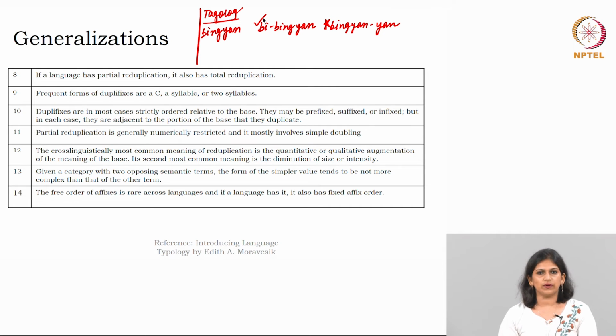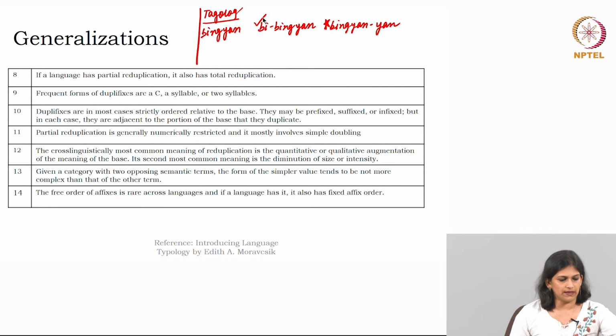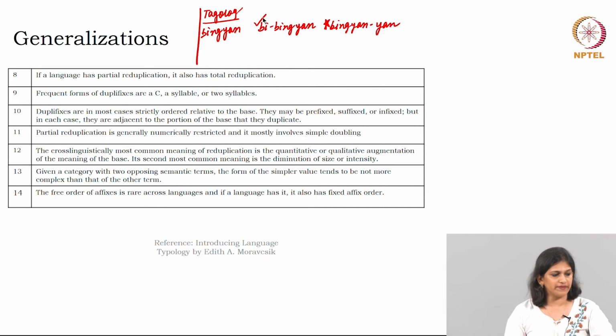So, what did we get to know about reduplication or duplication? Let us read the generalization again. The first sentence says duplifixes are in most cases strictly ordered relative to the base. So, what is the base here? The base here is Bing, and Yan is the extension of it.